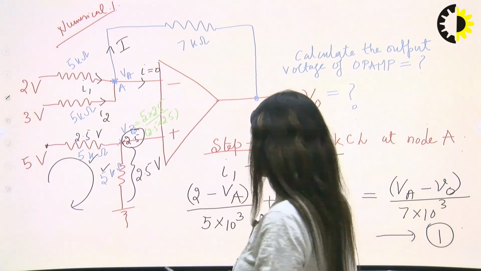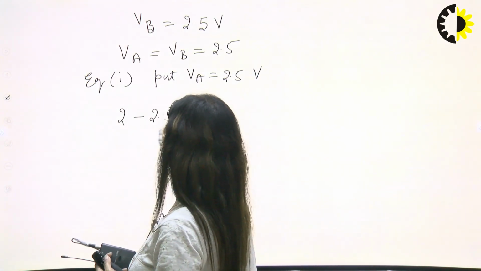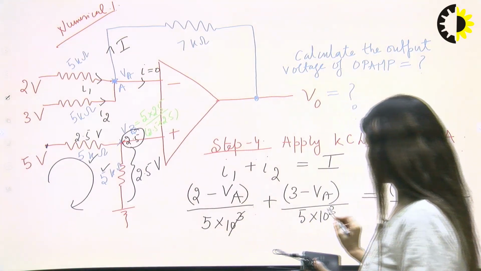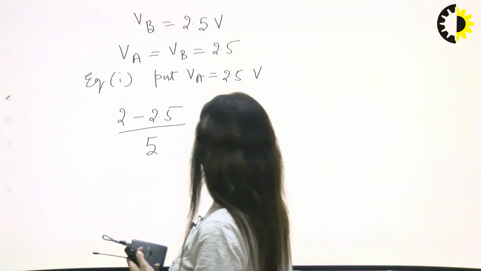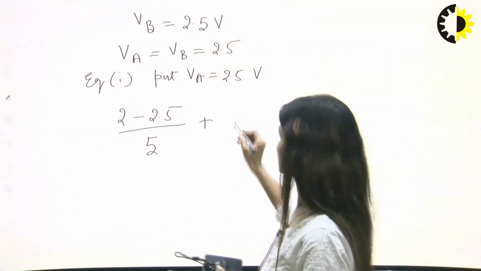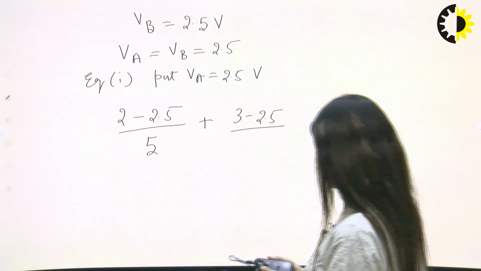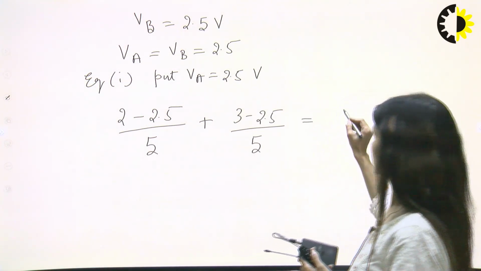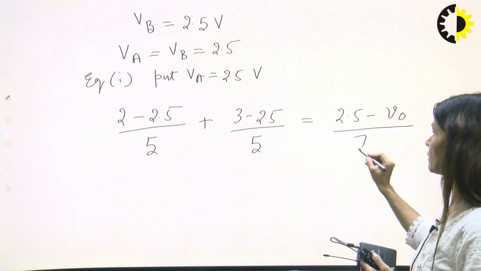So 2 minus VA, that means 2 minus 2.5, upon 5 into 10 raised to the power 3, which cancels out, upon 5, plus 3 minus 2.5 upon 5, is equal to 2.5 minus VO upon 7.